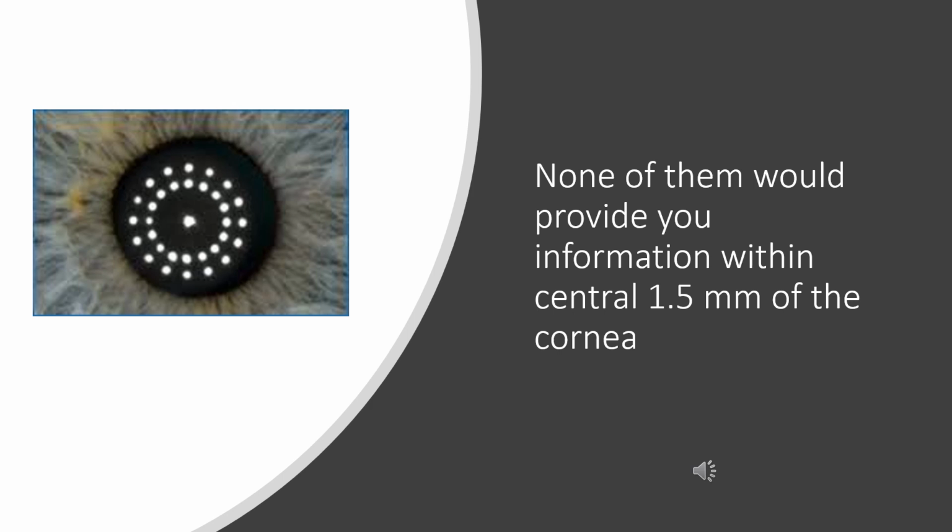So the challenge over here is that, remember, for the LASIK patients and especially for the myopic LASIK patients, the flattest portion of the cornea is not in the 3 millimeter ring or on the 2.5 millimeter ring, but the flattest portion is within the central 1 millimeter or central 1.5 millimeters of the cornea.